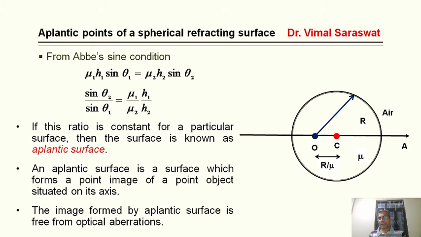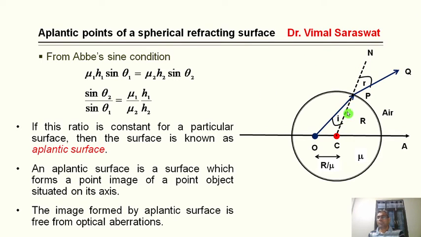Now this is our another ray. This ray is moving towards point P, and after refraction from this spherical surface, it follows the path PQ. Now we join point C with P, so CN is our normal.